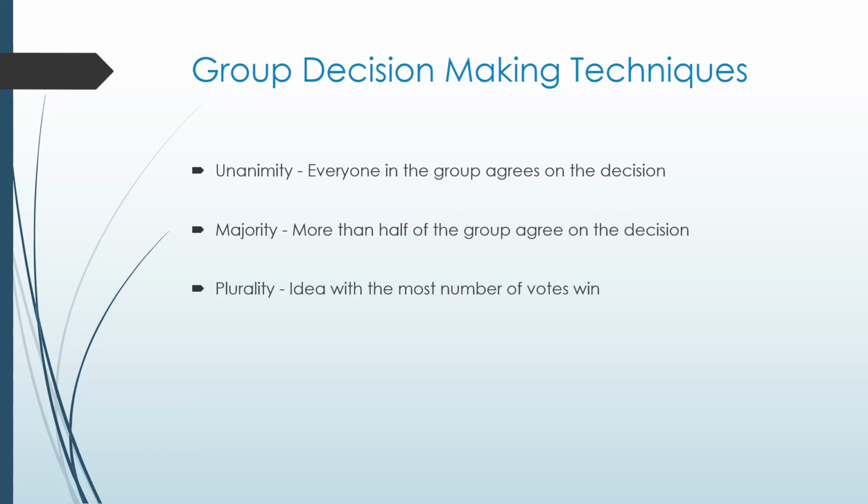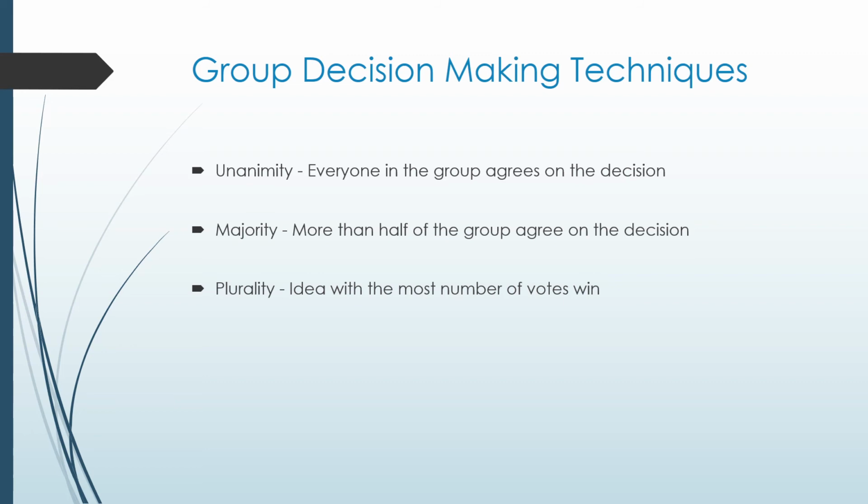So if there are, let's say, more than two color options beyond our previous options of red and blue, if there were options red, blue, black, and white, and there are 10 people to vote, you've got three votes for red and four votes for blue, and then you've got two and one for black and white respectively.